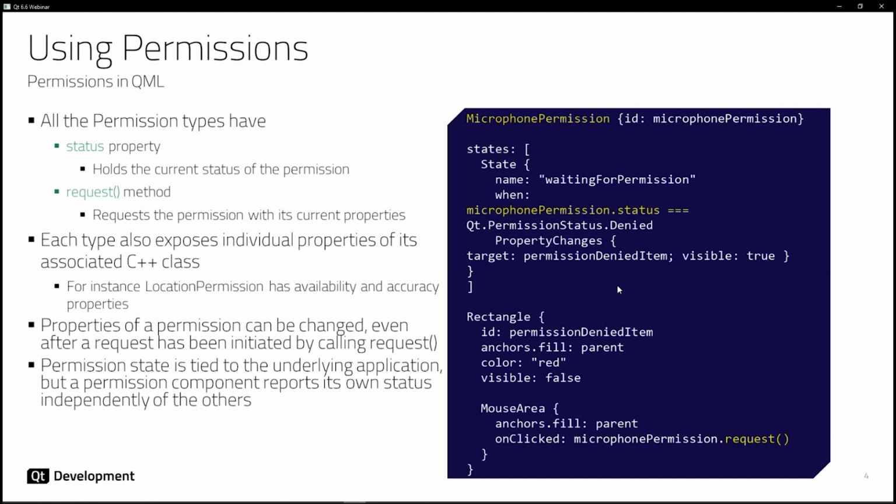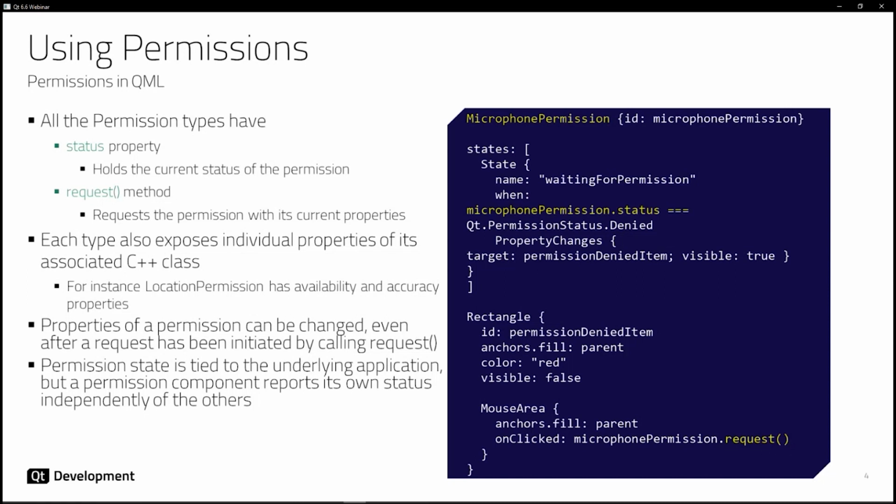You can know the current status of a given permission with the status property and request a permission with the request method. A typical use case is to create states and change properties of some objects in your UI based on the status of a given permission component.